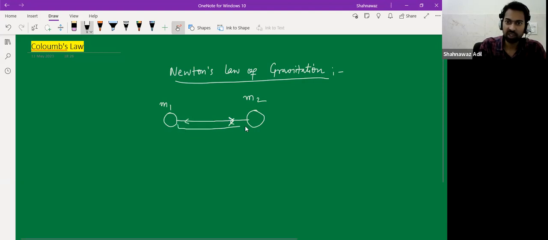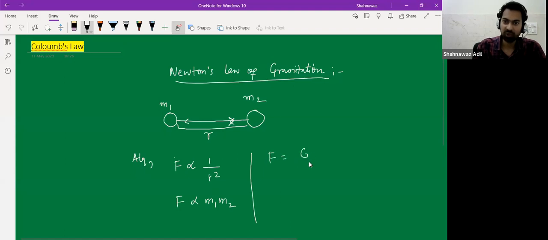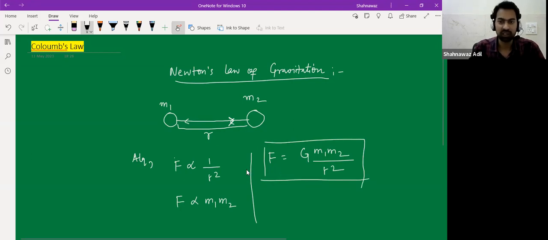And let's say this separation is r. According to Newton's law, the force between them depends upon the inverse of the square of the separation, and upon the product of the masses. So Newton gave the theory that F would be m1 m2 by r square. This is the magnitude. We will talk about the direction in the next class.